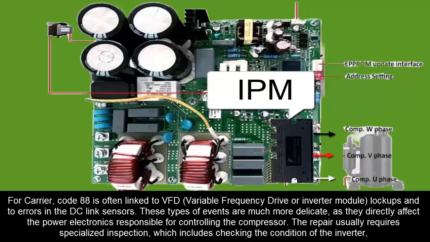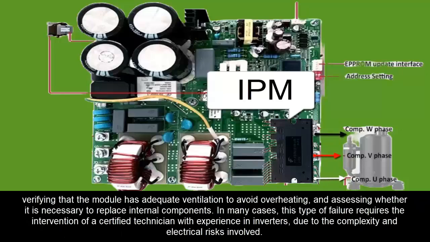The repair usually requires specialized inspection, which includes checking the condition of the inverter, verifying that the module has adequate ventilation to avoid overheating, and assessing whether it is necessary to replace internal components. In many cases, this type of failure requires the intervention of a certified technician with experience in inverters, due to the complexity and electrical risks involved.